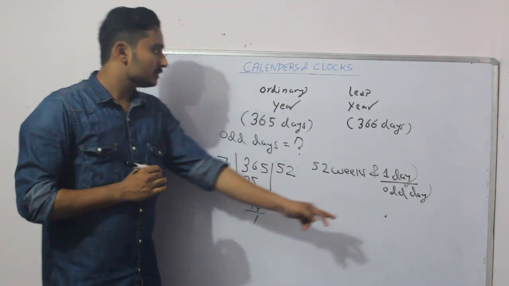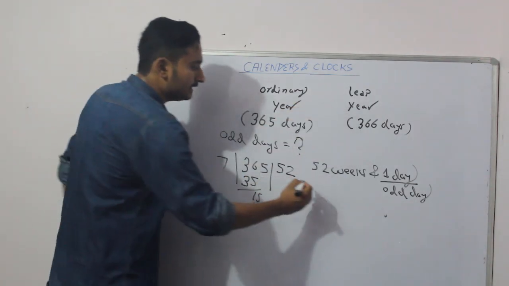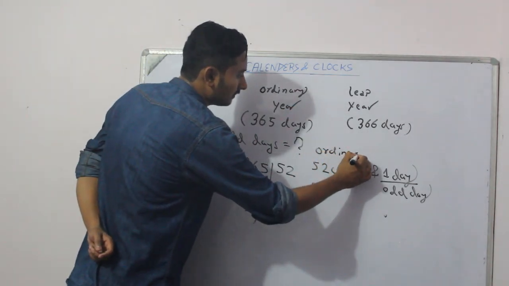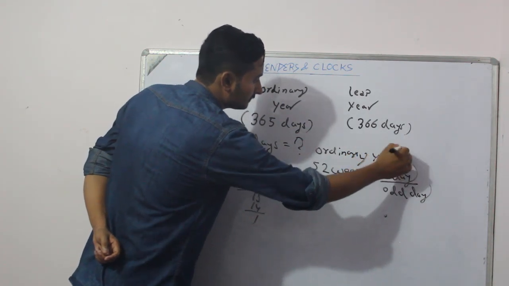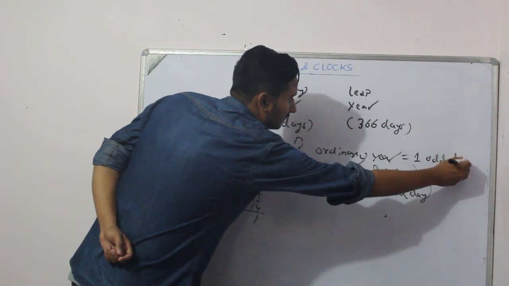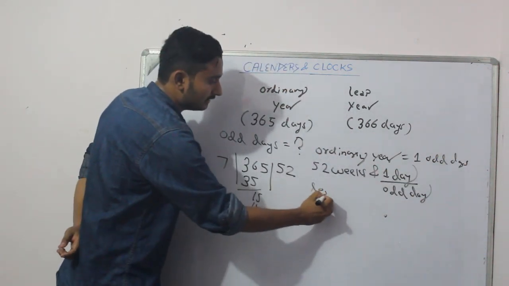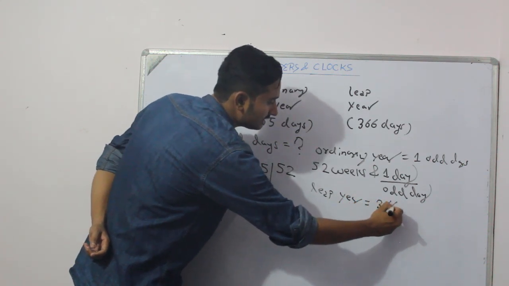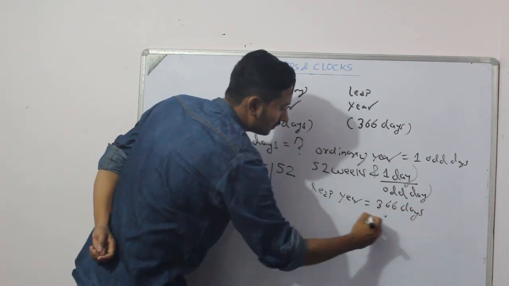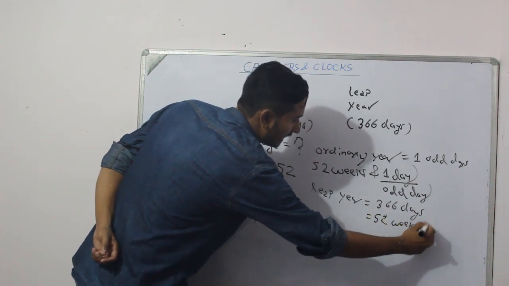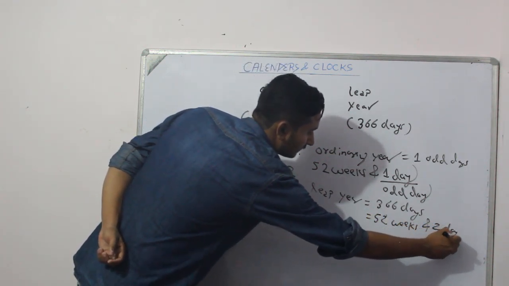So in an ordinary year we have 1 odd day. Similarly, in a leap year we have 366 days, so we have 52 weeks and 2 days.